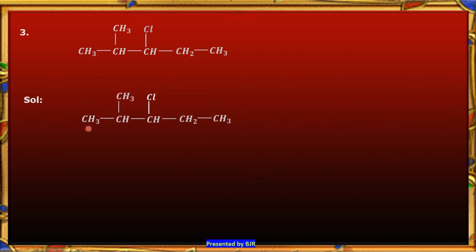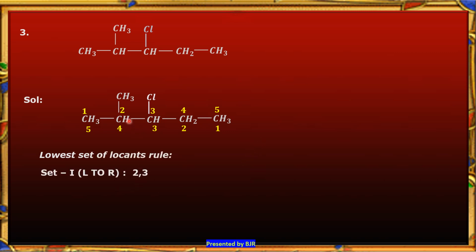Next, problem number 3. Solution. So this is the longest continuous chain of carbon atoms, numbering from left to right and from right to left. Set 1 locants are 2, 3.